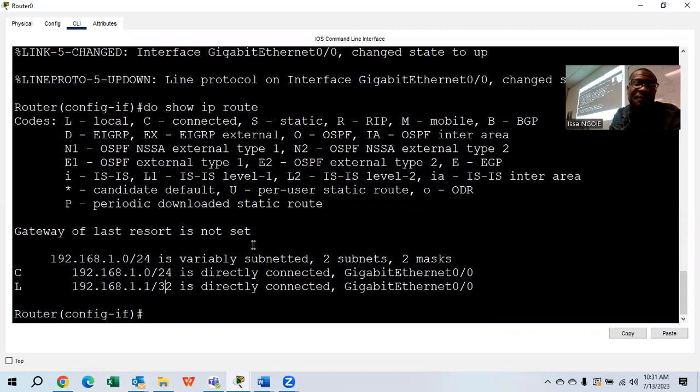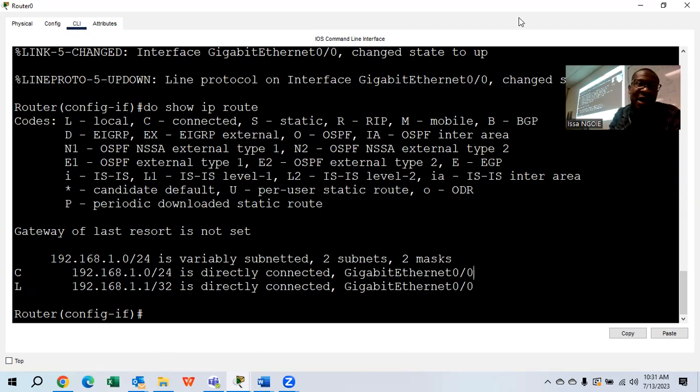And how did I know about it? Because of which interface? The gigabit 0/0. This L, route local, means the IP address of that interface, that is given to this interface.